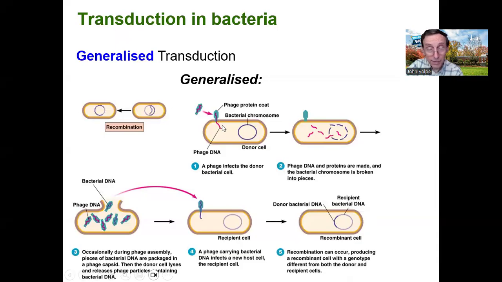My point is transduction very rarely happens in the human population. You'd have to have a virus infecting a germ cell, either a sperm or an egg cell, and then putting a piece of DNA from somebody else's cell into that cell.